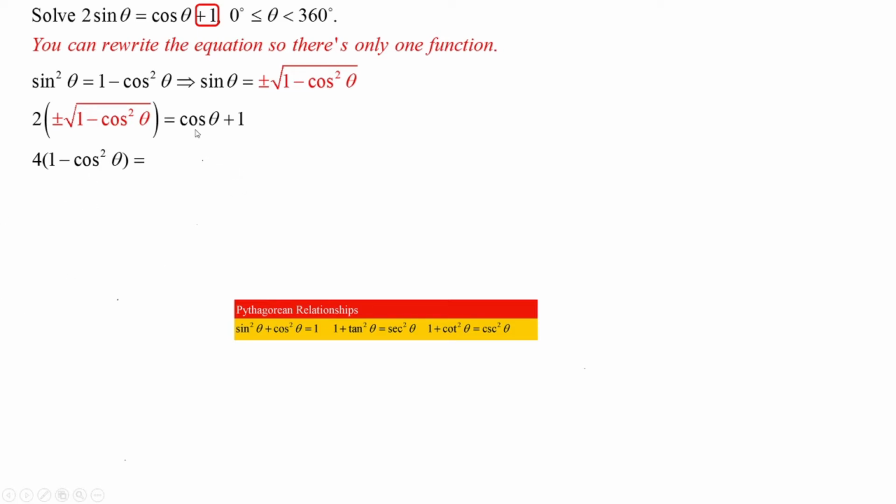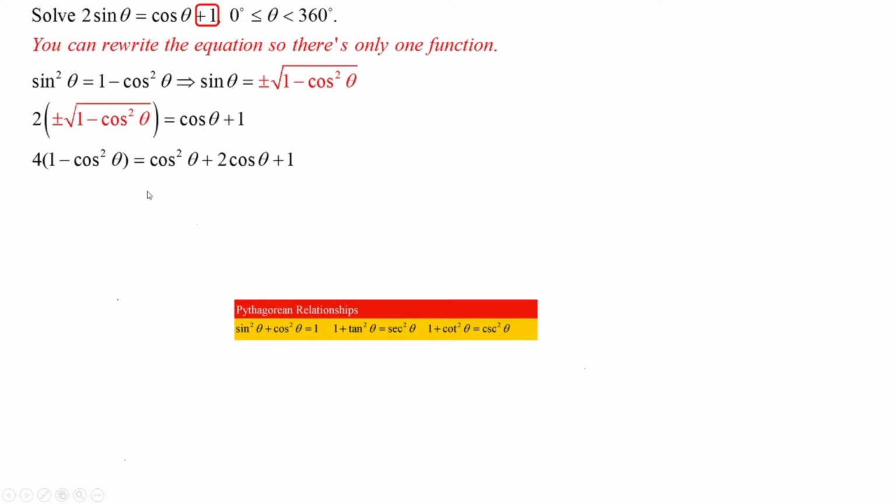So if I square cosine of theta plus 1, I'm going to get cosine times cosine is cos squared theta. And then let's do the outside and the inside. So I have 1 cos theta plus another cos theta, that's plus 2 cos theta. And then 1 times 1 is plus 1. So I just squared cosine of theta plus 1 right there.